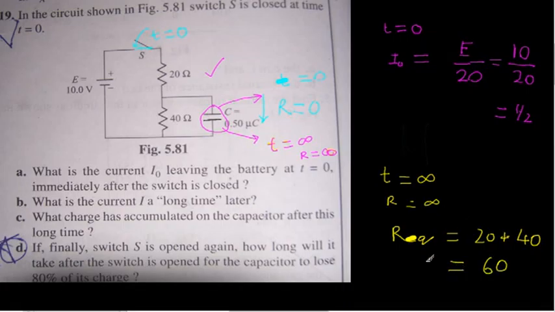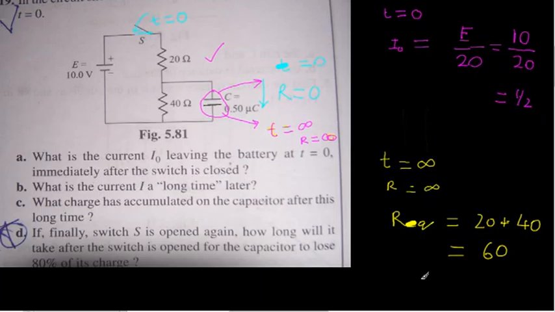Okay, now total current I will be equal to, in this case, 10 by 60, means 1 by 6 ampere. Right, done. Second is done.